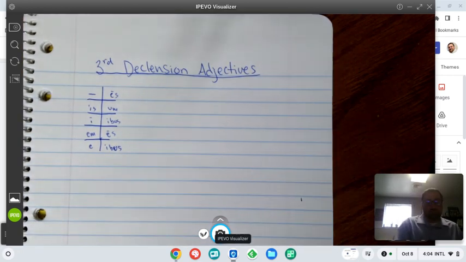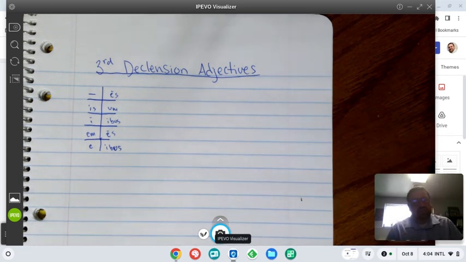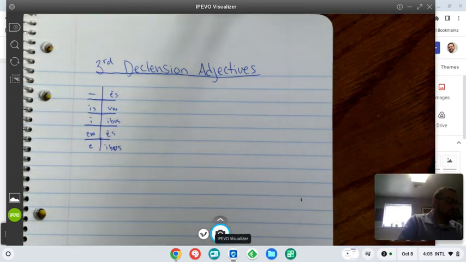So it was very straightforward. Learning one means you pretty much learned the other. Learning the nouns means you pretty much learned the adjectives. Here in the third declension, having learned the third declension nouns means you have a start for learning the adjectives.